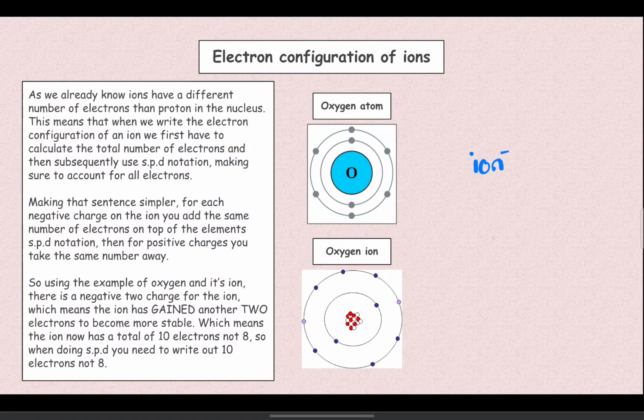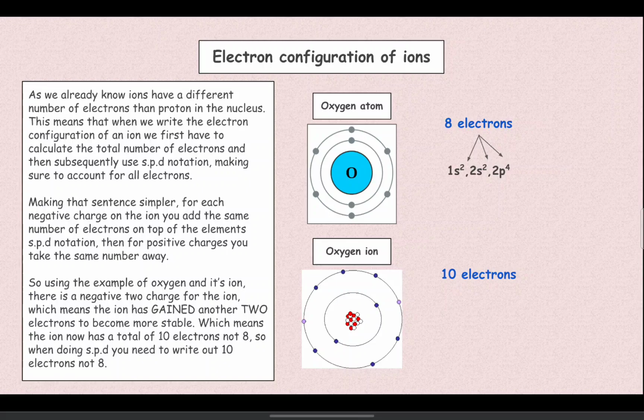So if it was O2 minus, you would add 2 more electrons to oxygen's s.p.d notation. And we will have a look at that in the example there. So using this example of oxygen with a 2 minus charge, the oxygen atom has 8 electrons, which looks like that. The oxygen ion has 10 electrons because it gains 2.